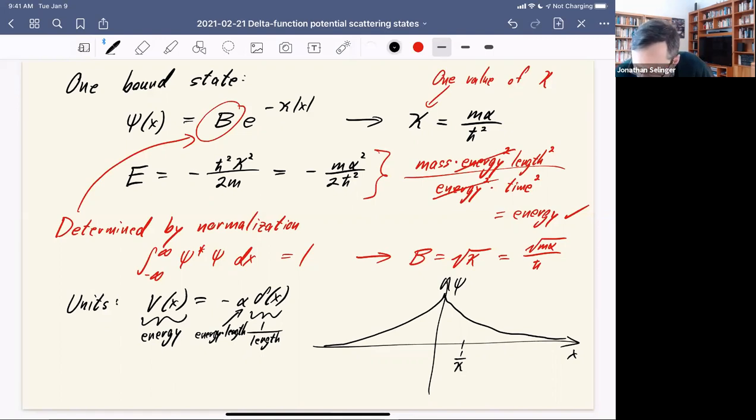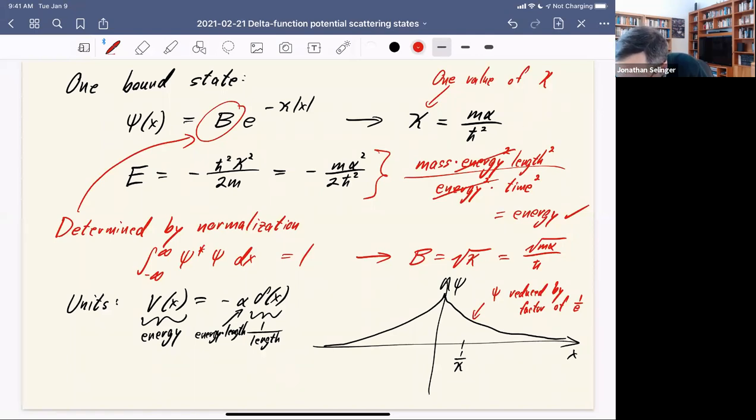At this distance, say psi is reduced by a factor of 1 over e.